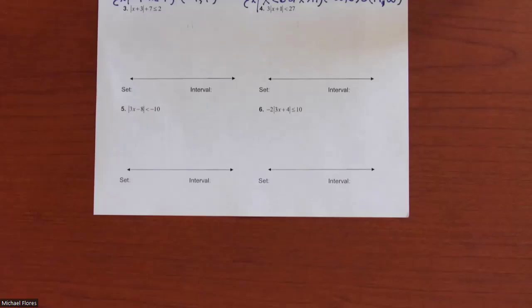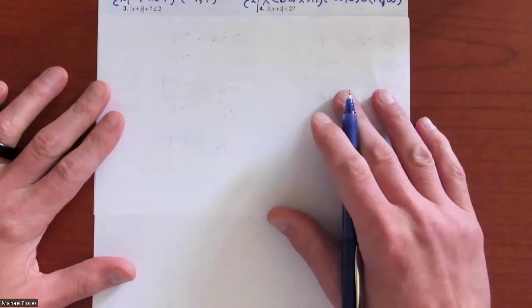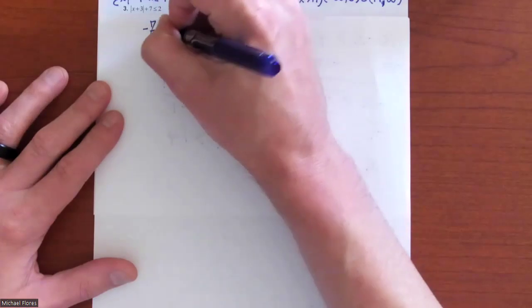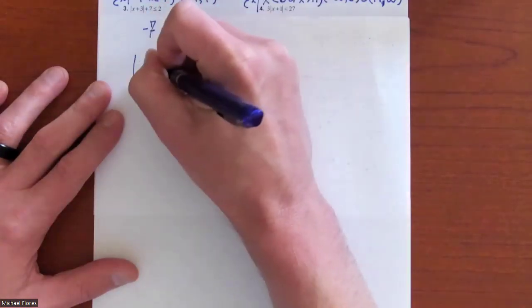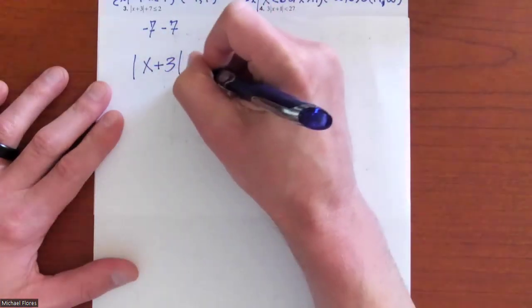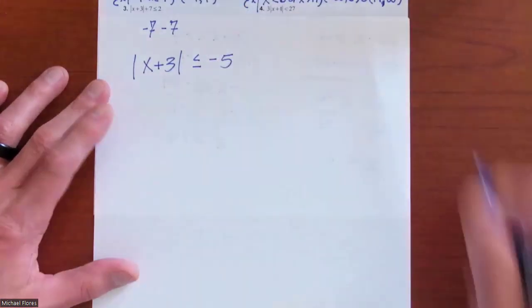All right, example 3. The absolute value here is not isolated. So start by subtracting 7 from both sides of the inequality. Two minus 7, negative 5.